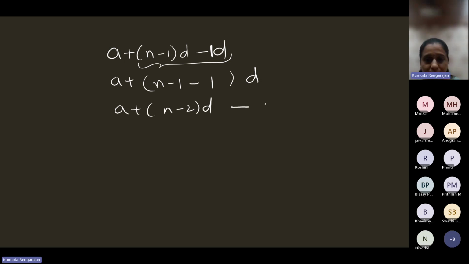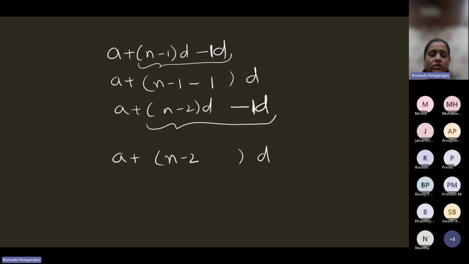Now to this one, you subtract d, you will get the previous term. So again, what's common here? d is common. So this is 1 here. n minus 2 minus 1. So a plus n minus 3 into d. So the nth term is a plus n minus 1 into d. Its previous term is the n minus 1th term.